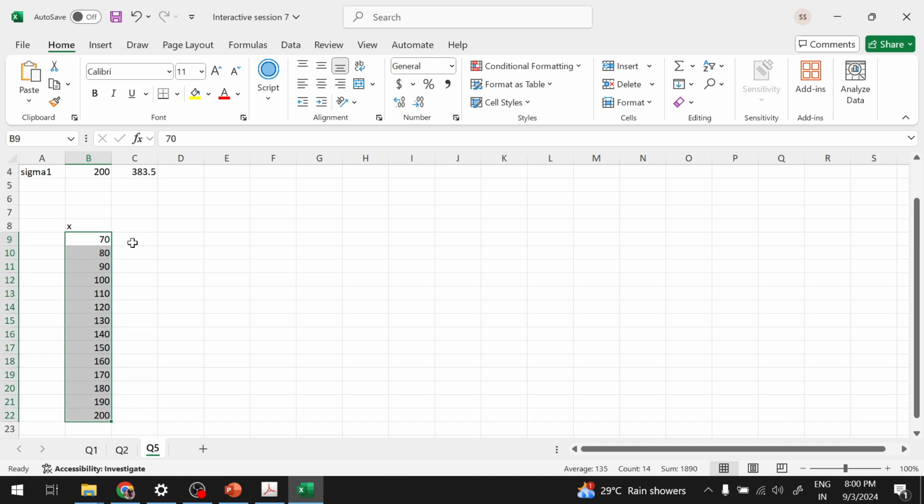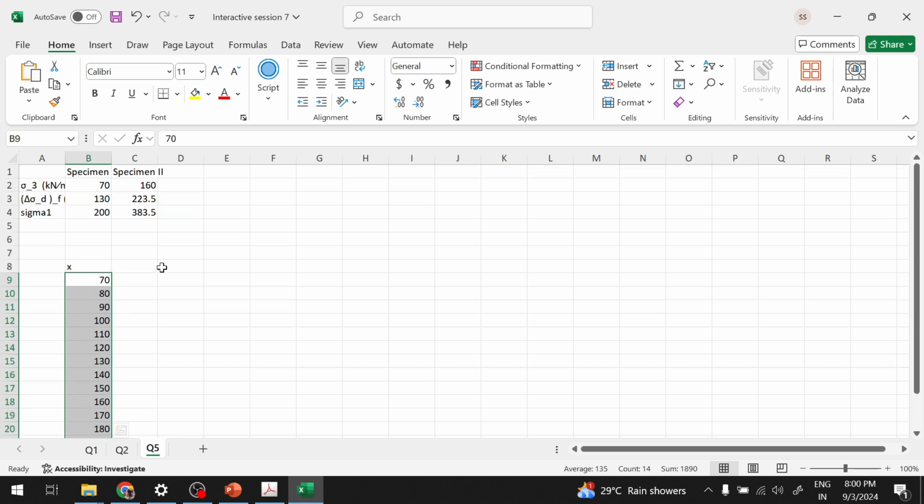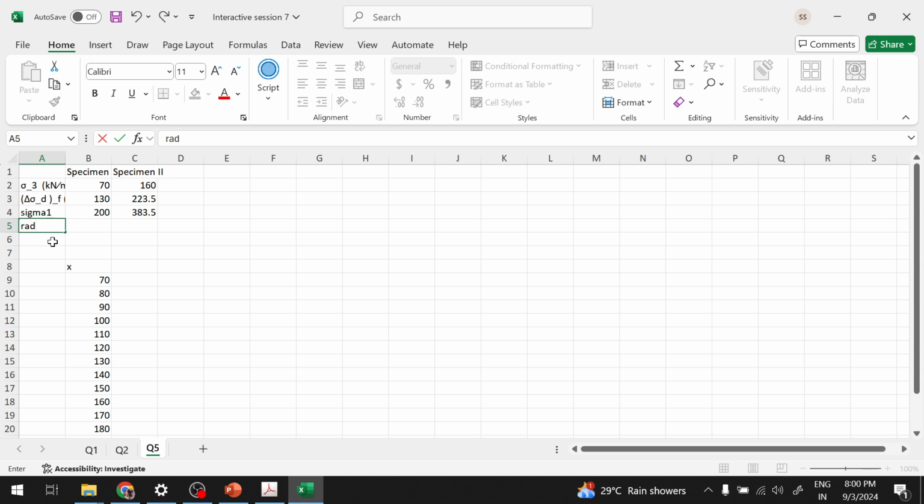So this is for the first circle. And for the first circle, radius will be sigma 1 minus sigma 3 over 2.